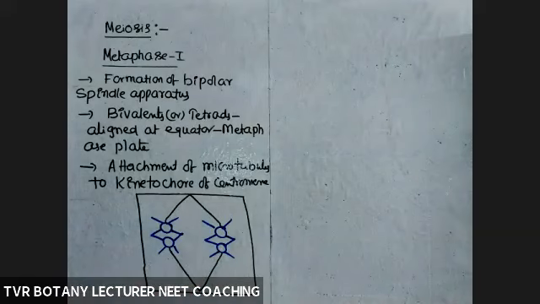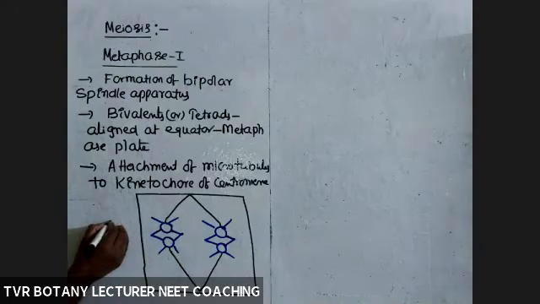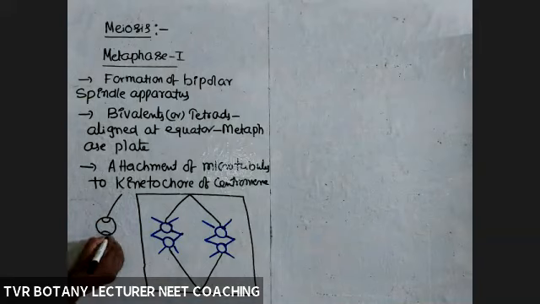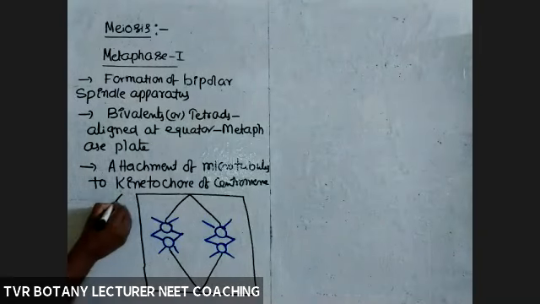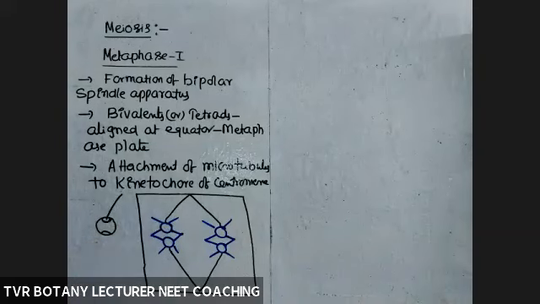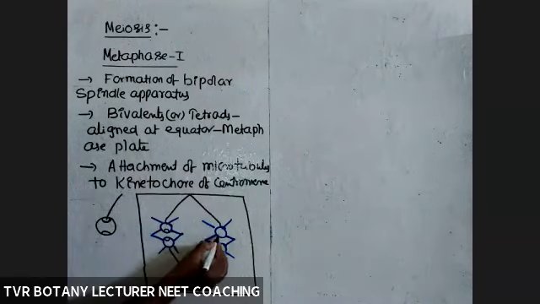What about the second one? Take the centromere, microtubule, kinetochore. So kinetochore part towards pole only. What about towards equator? Free. Not in contact with microtubule.